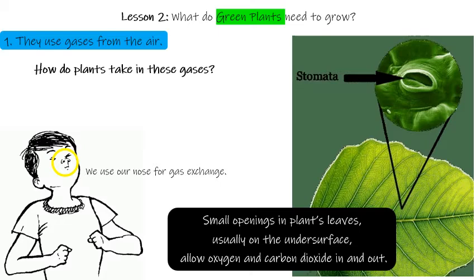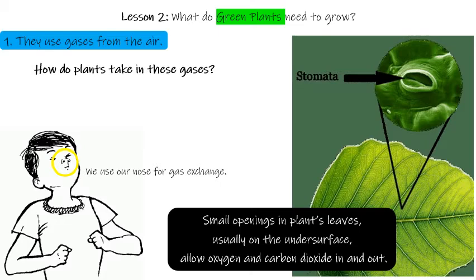So, to take carbon dioxide inside the plant's body, plants use their stomata. What do plants use? Their stomata. The stomata again are small holes found in the back of the leaves of plants, and these holes let carbon dioxide inside the plant, since plants need this carbon dioxide to make their food.